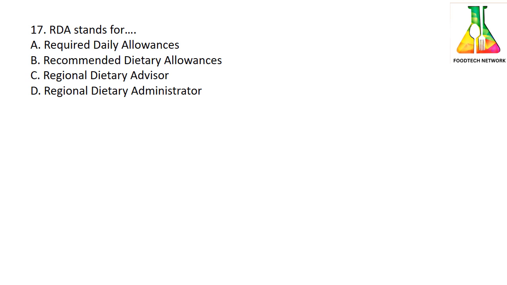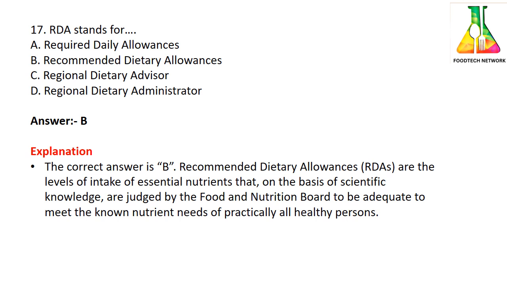RDA stands for option A required daily allowances, option B recommended daily allowances, option C regional dietary advisor, and option D regional dietary administration. Option B, that is recommended daily allowances.